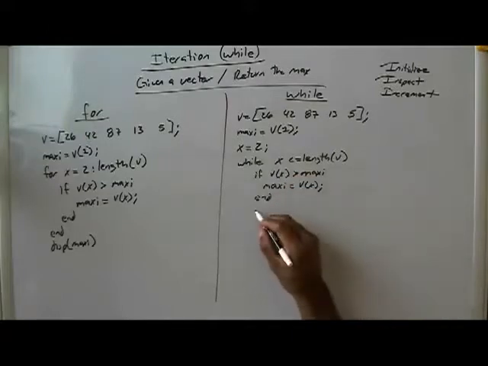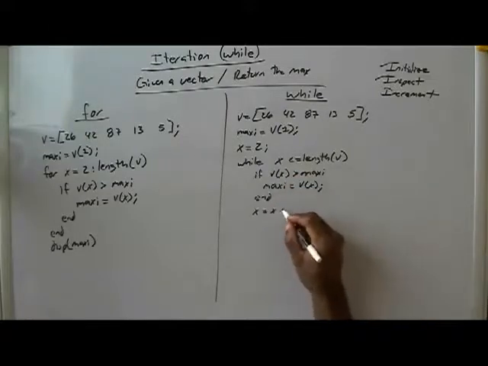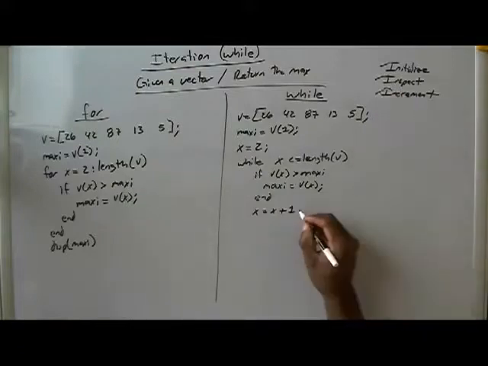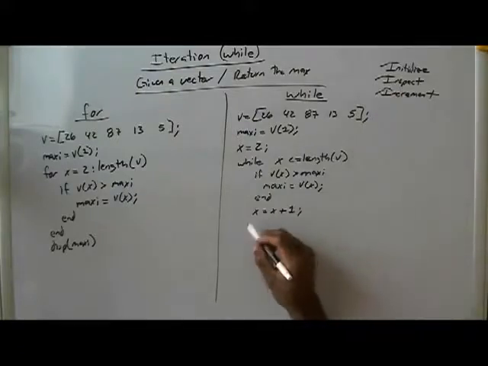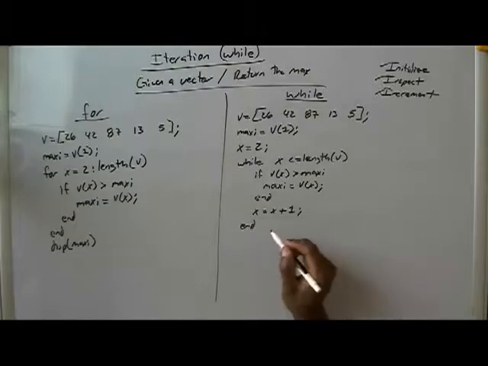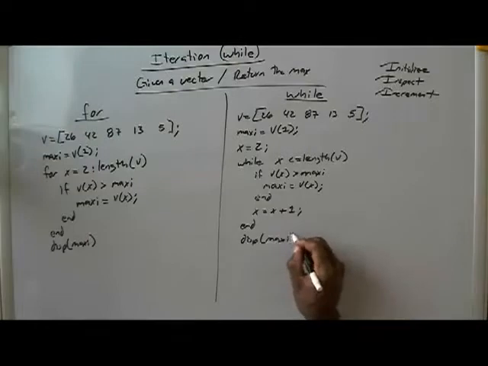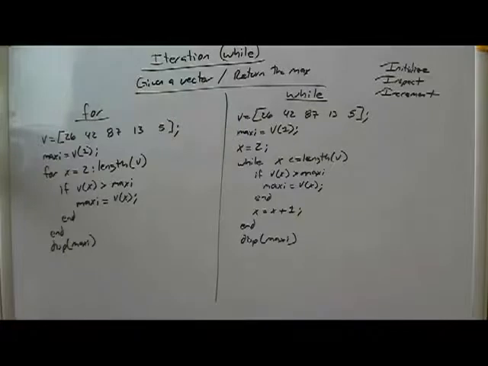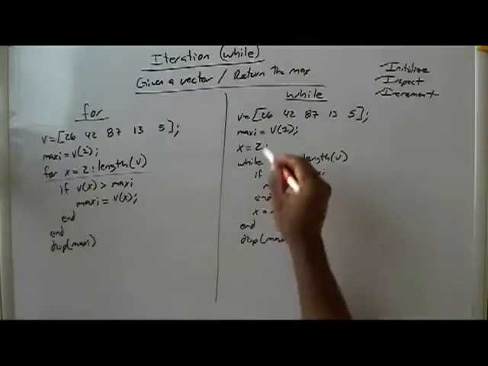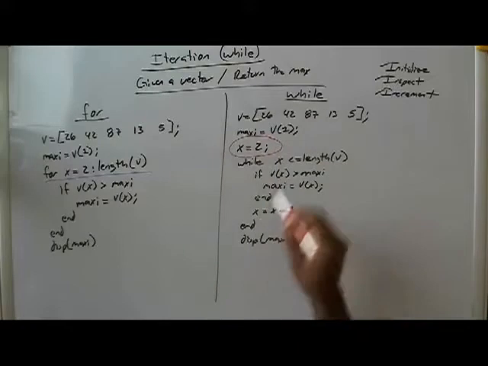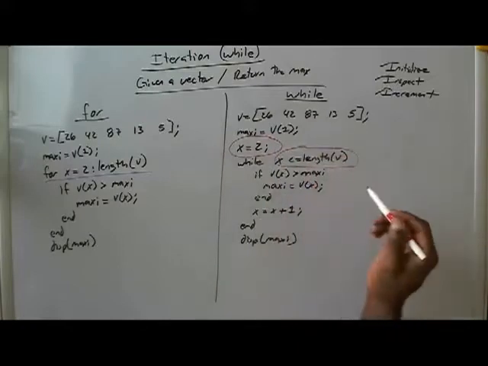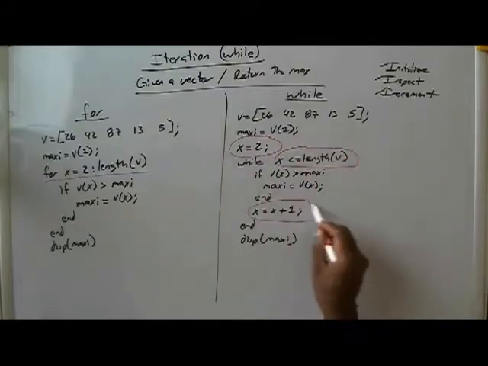Once we've done our work, now we just must do the incrementing part, which increments there, and then we end our while loop, and then we display maxi. So once again, just like I did with the other examples, this for loop gets translated over here as our initializing, our inspection, and our incrementing.